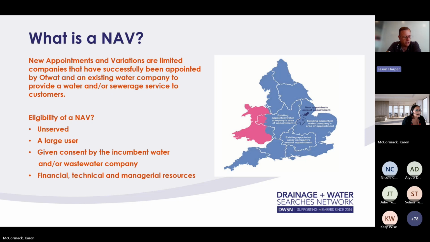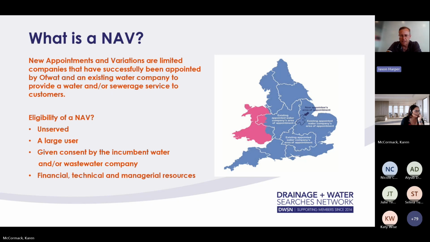Generally, with regards to the developer, a NAV can take over the services for the site, so the developer doesn't have to bother with water services, gas, electric, and sometimes communication cables, fiber optics, all that sort of thing, which can be done under one roof.